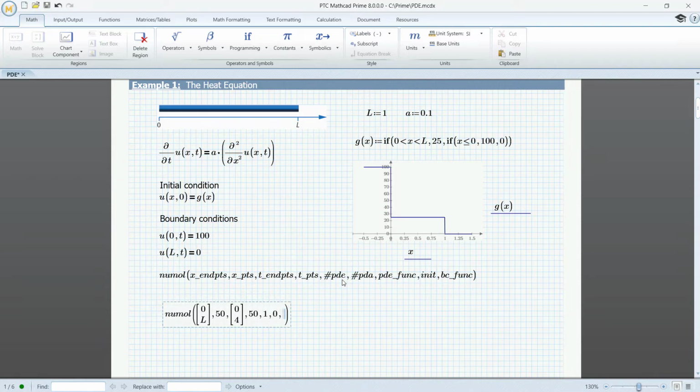Now the PDE function. Here we have to rewrite the right-hand side in terms of x, t, u, u_x, the first derivative of u with respect to x, and u_xx, the second derivative of u with respect to x.